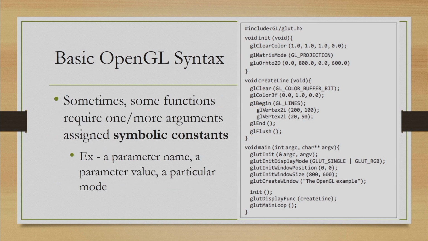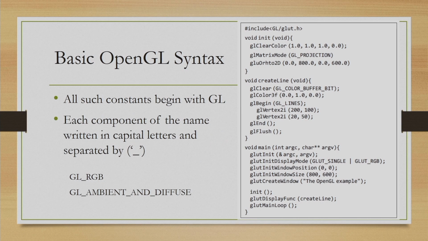Sometimes some functions may require one or more arguments which are assigned symbolic constants. For example, a parameter name, parameter value or a particular mode. These are all part of the OpenGL library function syntax. Now, all these constants begin with capital GL, all in capital.